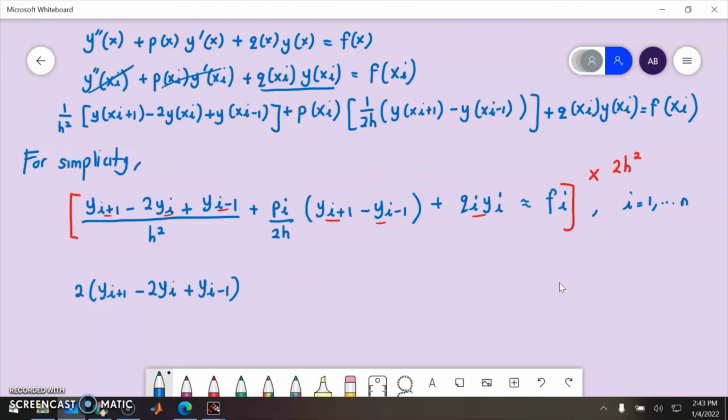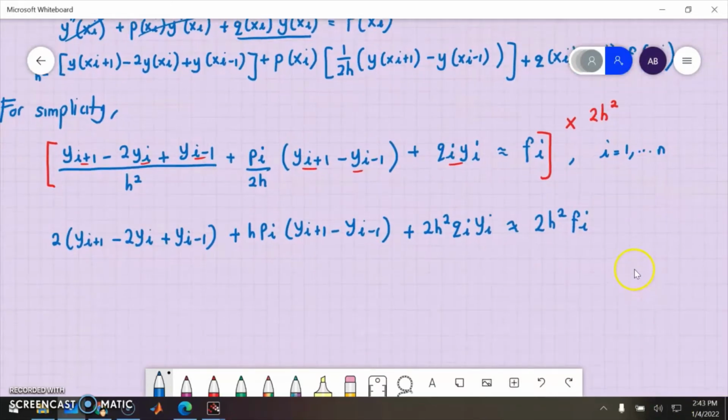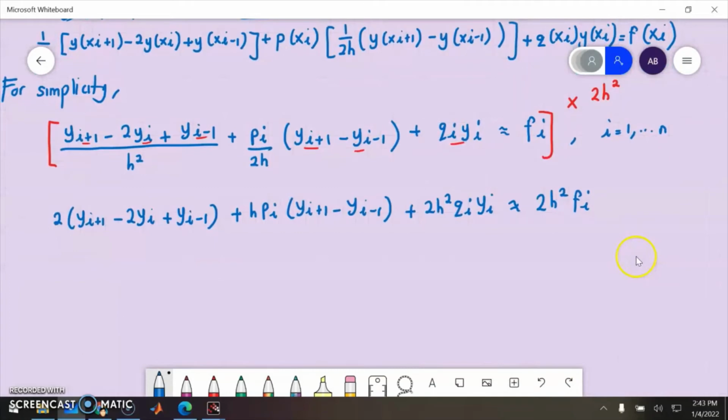The h squared already cancels out. Now multiply the next term by 2h squared: 2 and 2h simplify, leaving h times y_{i+1} minus y_{i-1}, plus 2h squared q_i y_i, and 2h squared f_i. Now we have to collect all the common terms.